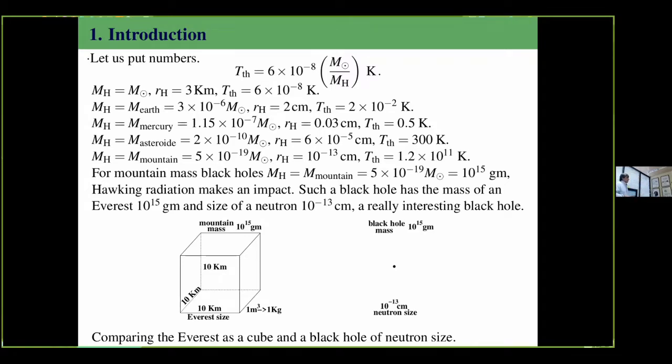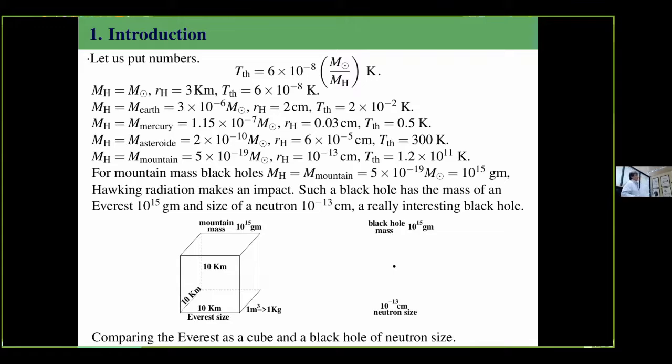Now you can think, and what about a mountain? Well, a mountain has kind of 10 to the minus 19 solar masses. The radius of the black hole corresponding to the mass of the mountain is 10 to the minus 13 centimeters, which is the Newton radius or the proper radius, and you get already a huge temperature. So it burns with 10 to the 11 Kelvin.